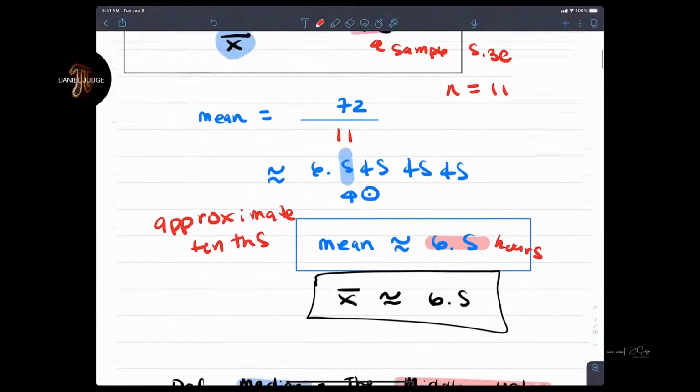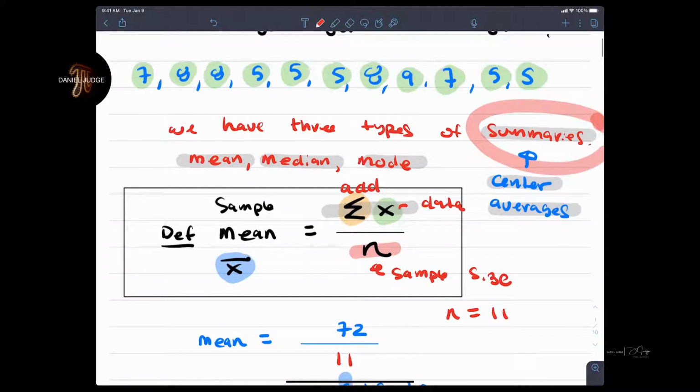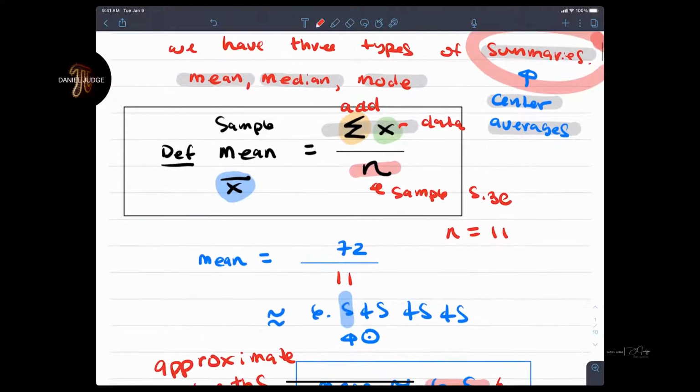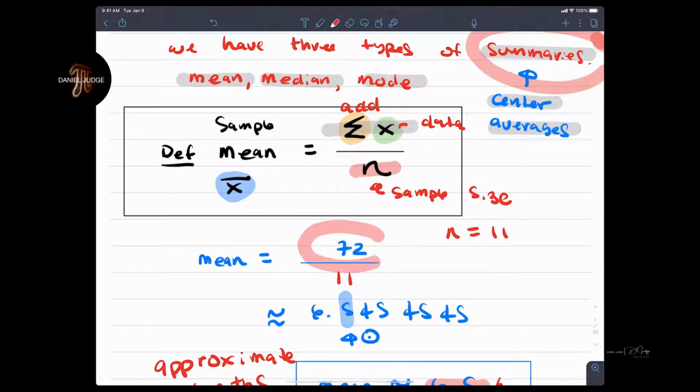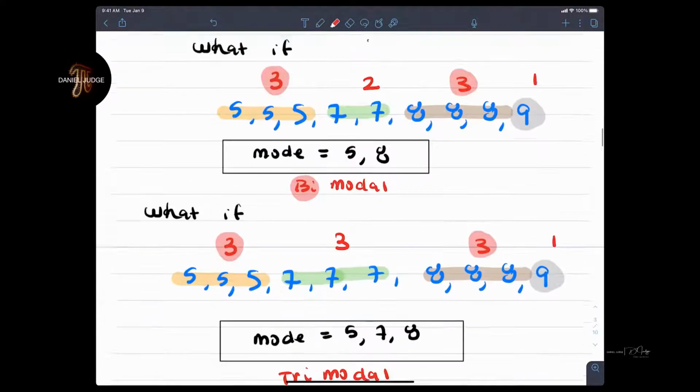We computed the mean. There it is. Sum x right in here, it was 72. We added the x values. See, sample size is 11. So 72 is that sum. Sum x is 72. We added the data. So we already had that.